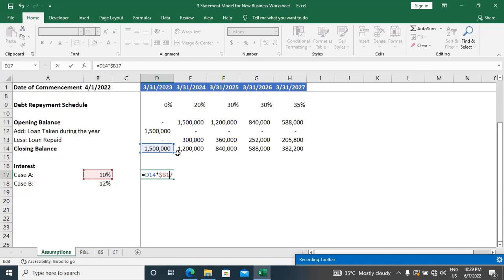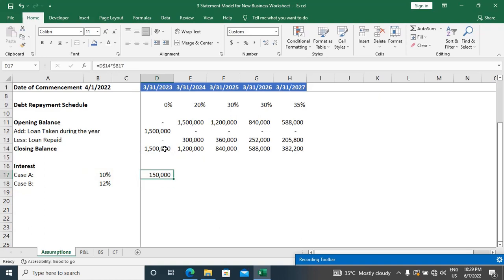So what we can do is that in this D4, 14, we can fix this 14th row.